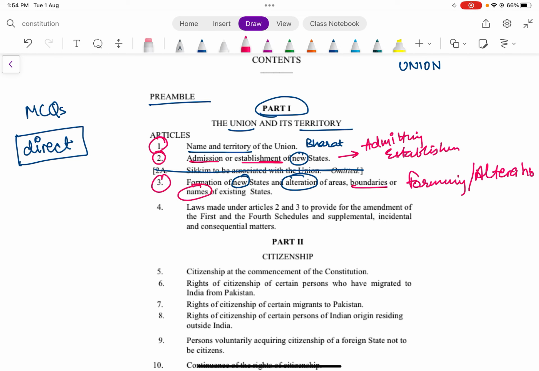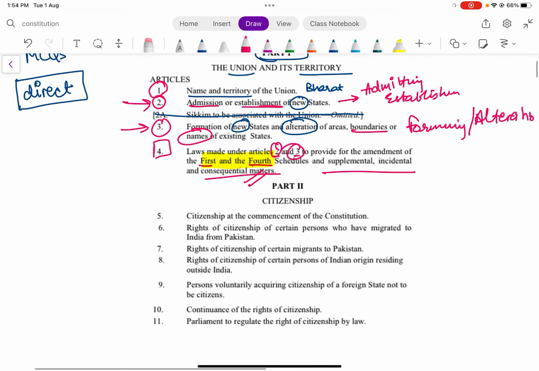So that all will be done under 3. Article 4 is important: laws made under Article 2 or 3 to provide for the amendment of the first and fourth schedule. So if you are doing anything in 2 and 3, then in respect of that, you need to amend the first and fourth schedule, and supplemental, incidental and constitutional matters. Whatever matters are there, you need to amend those as well if you are amending Articles 2 and 3.